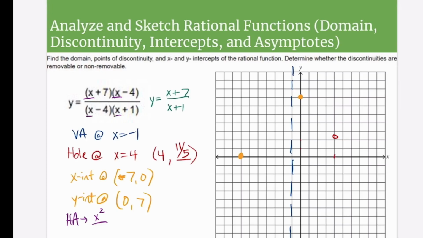Your denominator is x times x, which is x squared. When you divide those, you get 1. So our horizontal asymptote is going to be y equals 1. This is the very quick and easy horizontal asymptote tutorial.